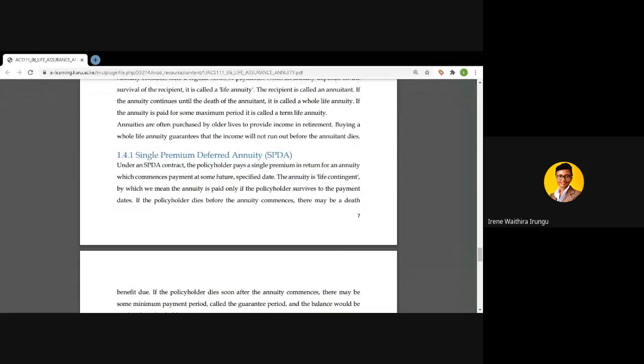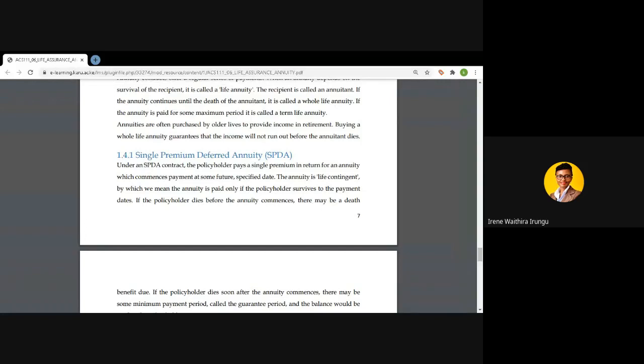In that case, the annuitant will only receive payments after the 5 years, or the regular series of payments will only commence after the 5 years. So under the single premium deferred annuity, the policyholder pays a single premium in return for an annuity which commences payments at some future date. And this date needs, of course, to be specified.